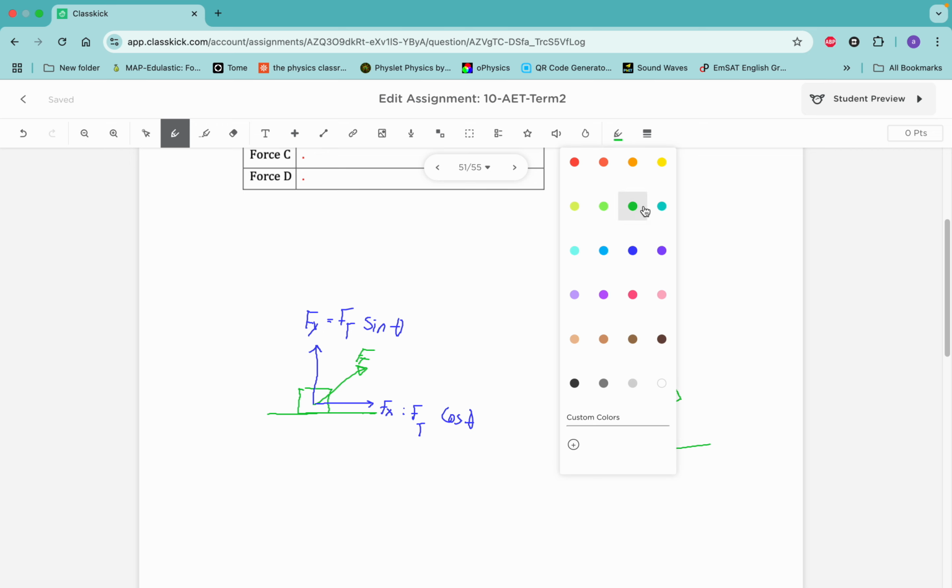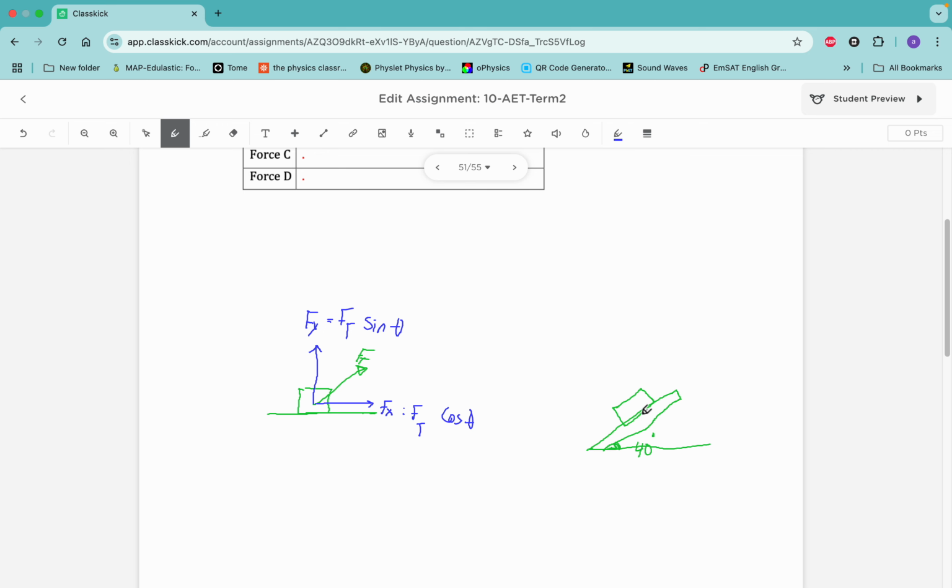This object has a weight which is downward, with x and y components.